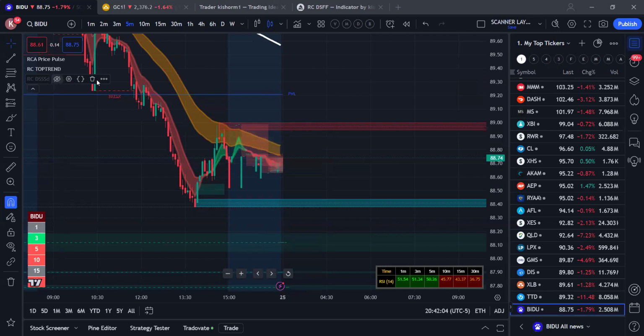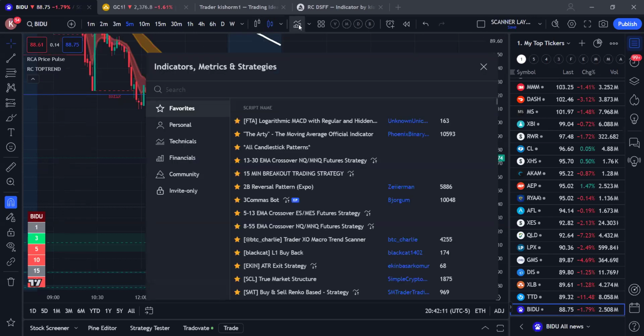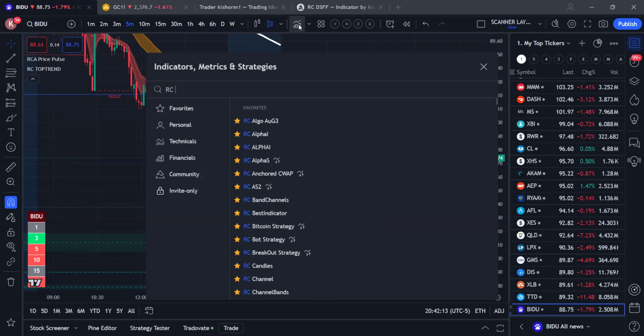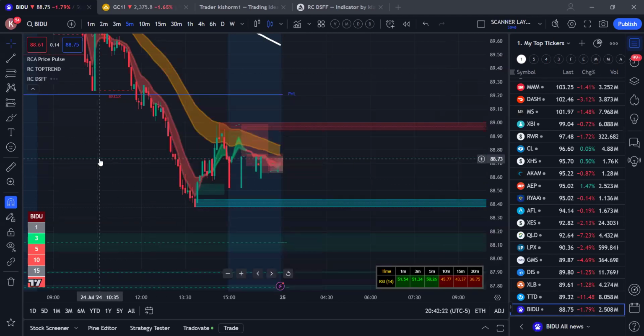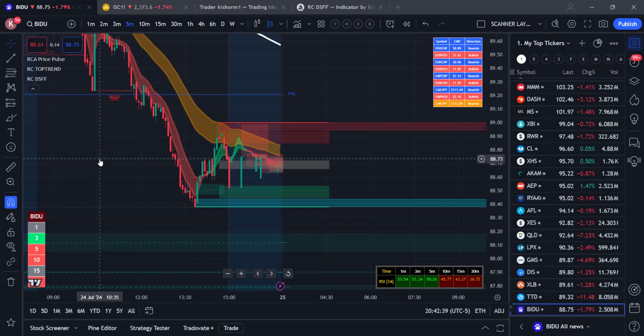So again, not only for stocks, right? You can do the same thing with, for example, you see CHFJPY is in orange color, right?